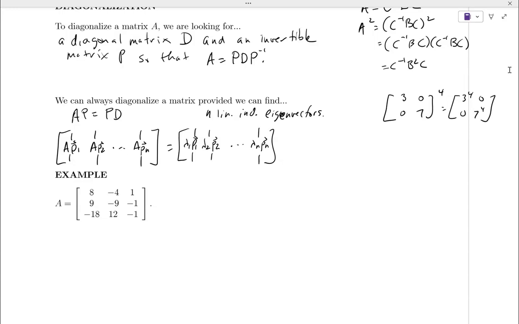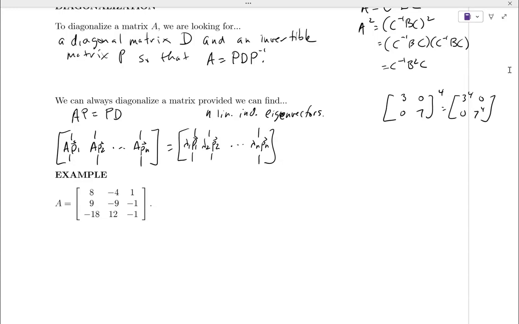If you do A cubed, it would be the same kind of thing. The cube would go to the inside matrix there. And it's a lot easier to do a power of a diagonal matrix, because all I do is just do the powers down the diagonal, rather than doing the powers of the matrix, which would be rows times columns over and over again. The computational expense is a lot less. Okay? So that's the whole reason why we do that.